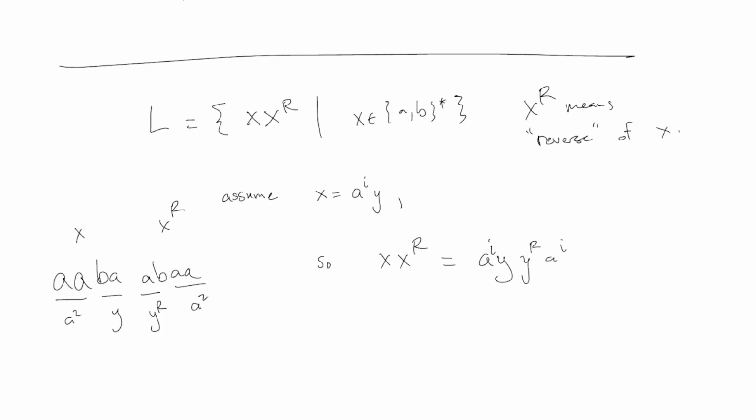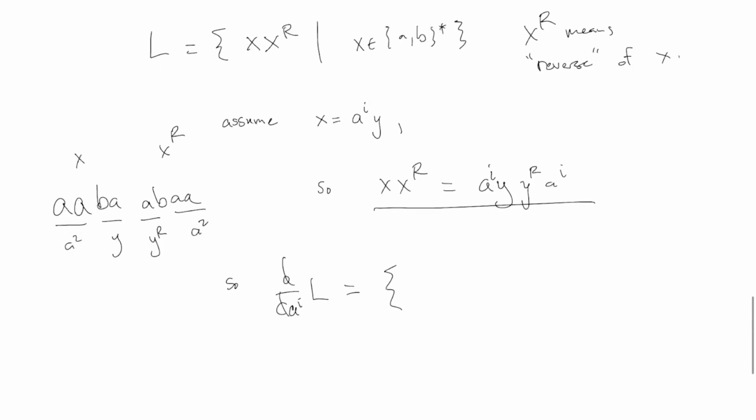All right. Anyway, this is what X followed by X to the R is. So that means when I take the derivative with respect to a^i of L, the format of what remains, X followed by X to the R, looks like this, but I'm taking the derivative and canceling the initial a^i.